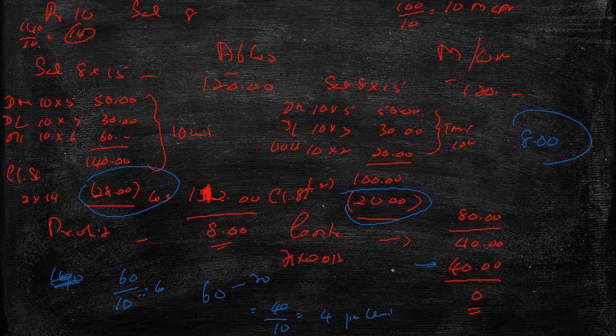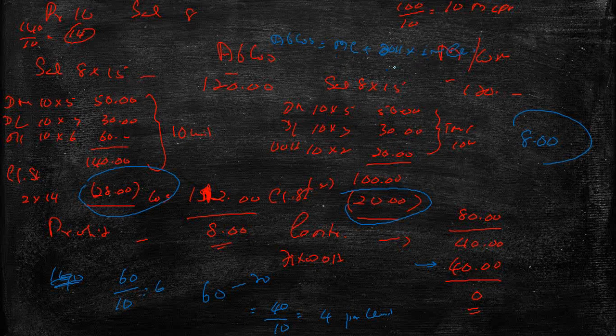So I want to explain this. Absorption cost profit is equivalent to marginal cost profit plus fixed overhead absorption rate into inventory change.